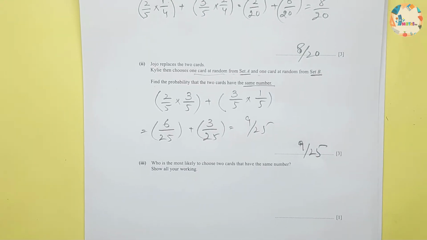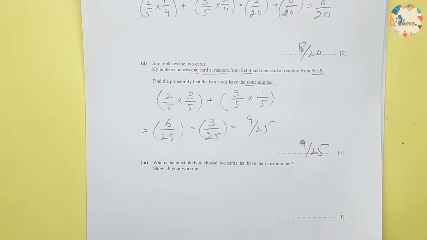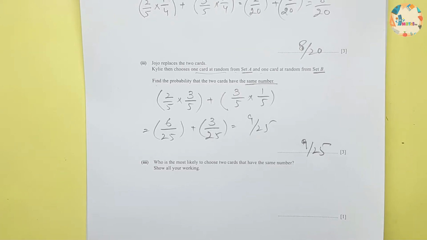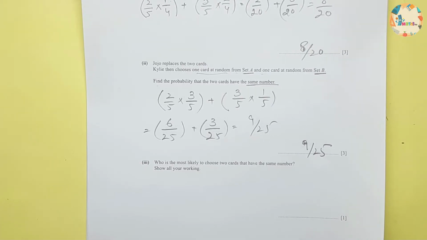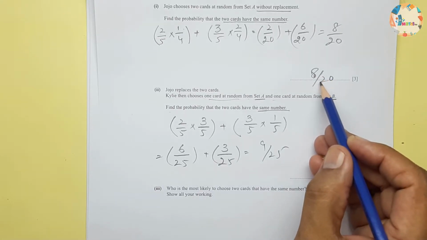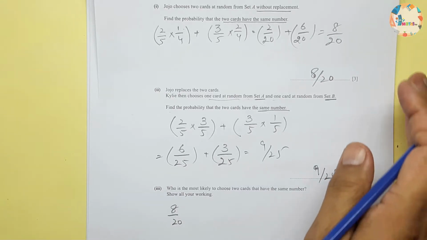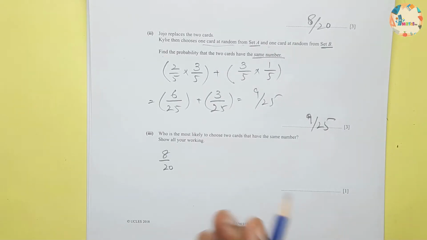Who is the most likely to choose two cards that have the same number? And we have to show our working also. If we check, the probability for this one is 8 by 20, and the other probability is 9 by 25.